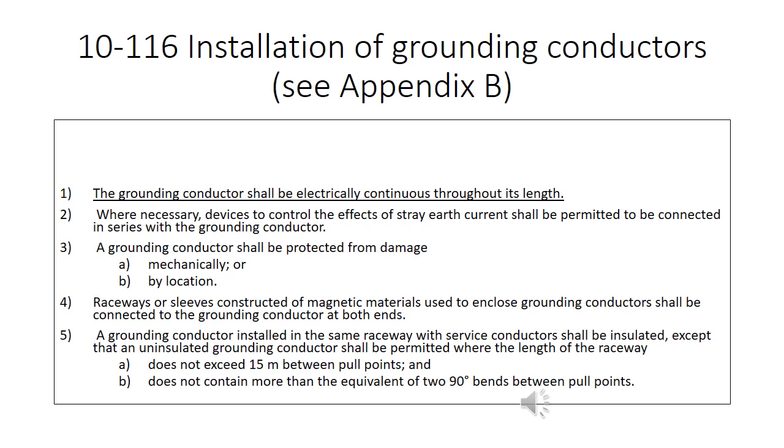Devices used for connecting and terminating of grounding conductors would be required to be approved for the purpose by the general requirements of this code. A common grounding conductor from multiple systems would be permitted, and there is no change to grounding conductor size or the allowance of aluminum grounding conductor.